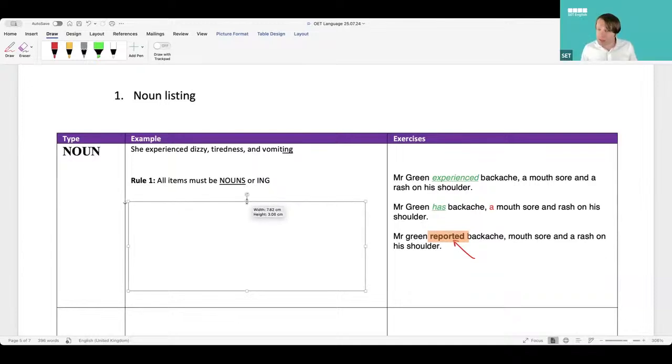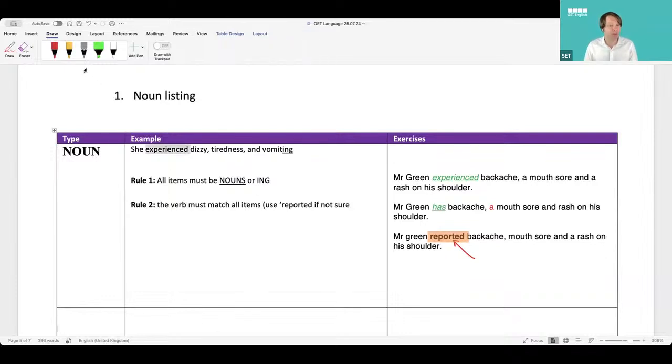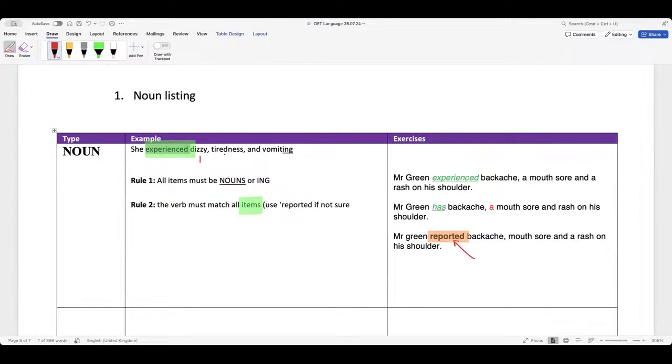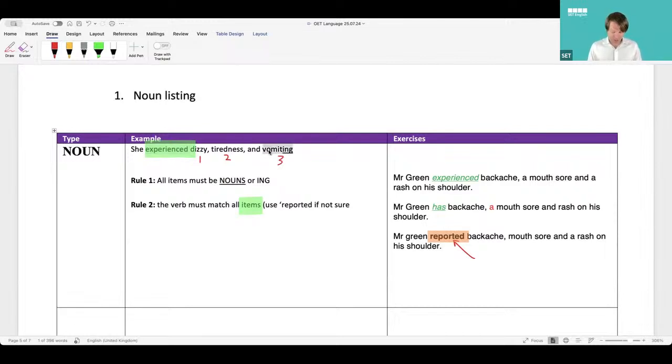Okay. So, guys, is that clear? Look, the verb experience must match all the items. What do I mean by items? What does that mean, guys? Items. The things we listed. All symptoms. Listing. Right. So sometimes a nurse will say, like, this is what I said yesterday, and a broken leg. Okay. That's wrong because you don't experience a broken leg.